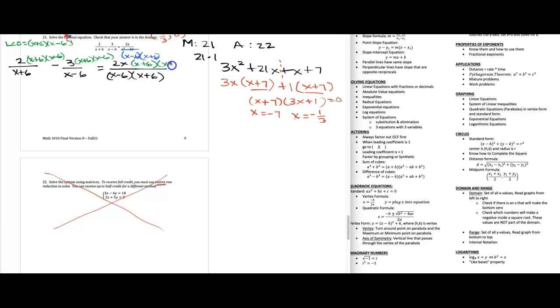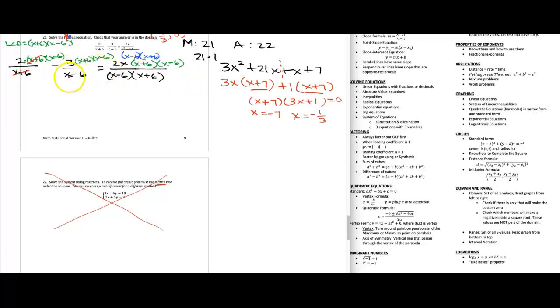Okay, so I'm just taking each of these and multiplying it by each different part. And then I can divide out the common factors. Do you see everything's connected here by multiplication? 2 times x plus 6 times x minus 6. So since that whole x plus 6 is on the top and on the bottom, I get to get rid of both of those.